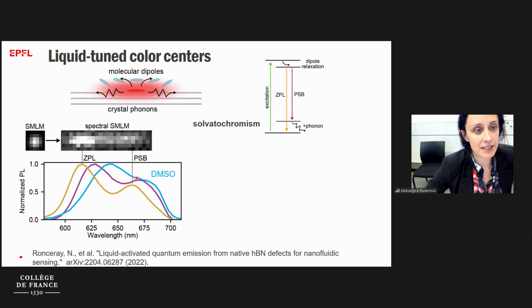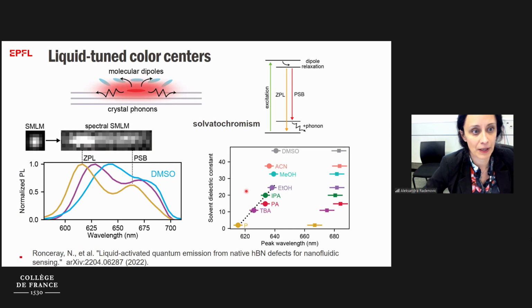This is well known in fluorescence, and it falls under the umbrella of solvatochromism-type effects, where the local dielectric environment influences the position of the zero phonon line. But we have also seen in our spectral experiments shifts in the phonon sideband that are also present in these spectra.